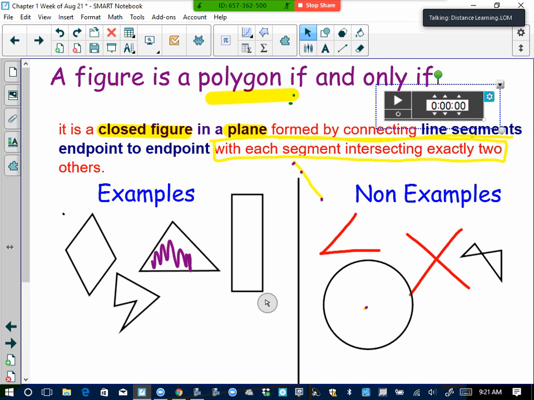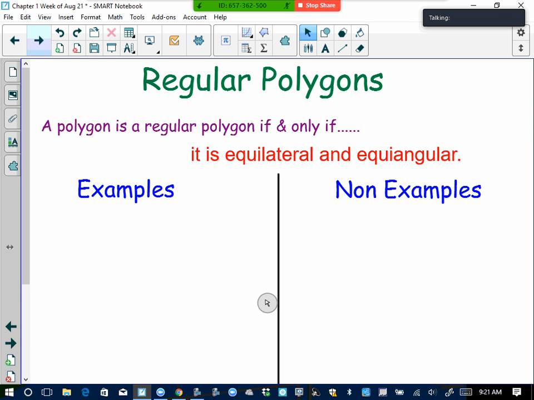So I'm going to go to the next thing. We're going to talk about regular polygons. So a regular polygon, I'll give you one that you all know and love. Equilateral triangle, right? But are all triangles regular?